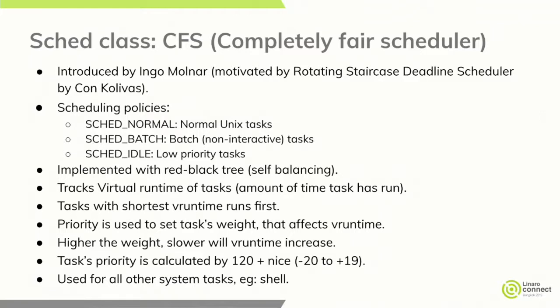If a task has a nice value of plus 19, it means that the overall priority will be 139, the lowest in the system. If a task has minus 20 nice value, which means that it is not at all nice, it will have a priority of 100, which means that among user tasks, it is the task which will run first. Right?